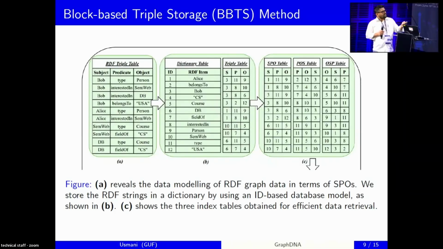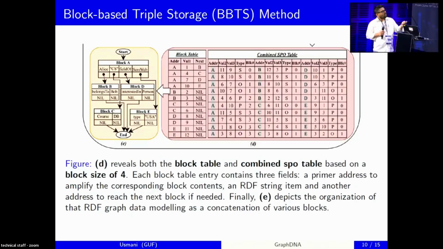The model is similar to what we have seen before, but we associate a number of DNA strands with only one primer. Depending upon the number of primers we have in hand, we can scale our block size accordingly, and we associate a list of strands with one primer, which is called a block.